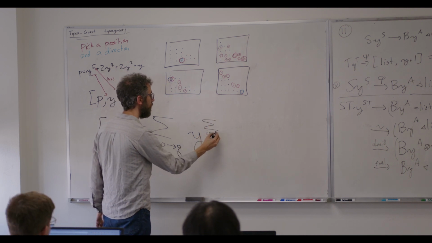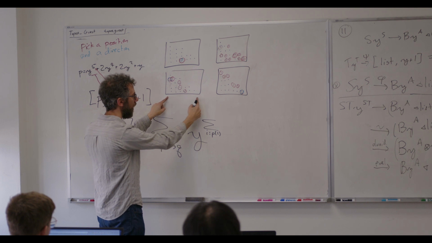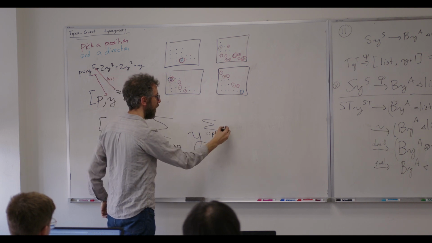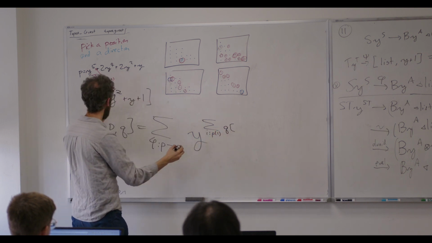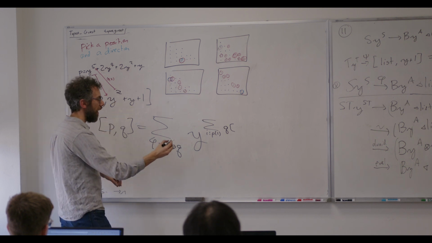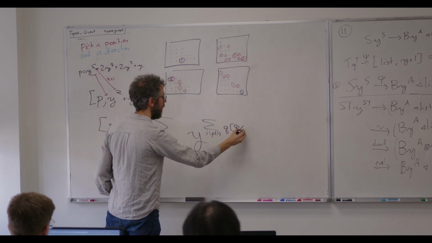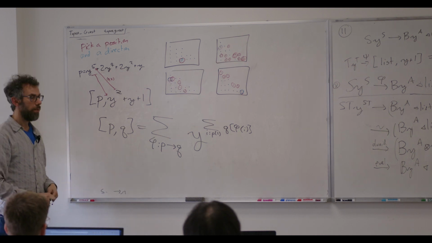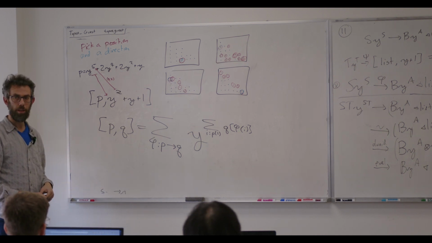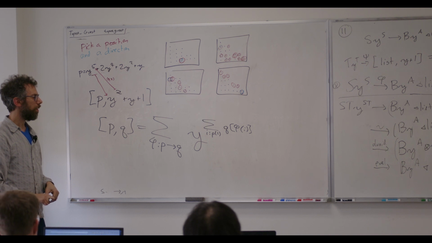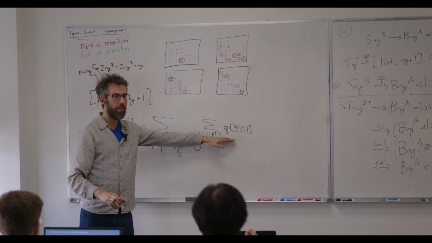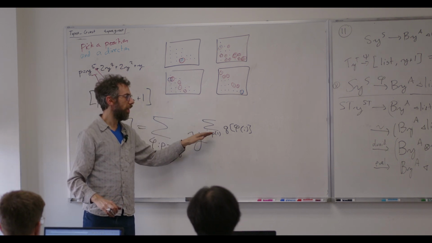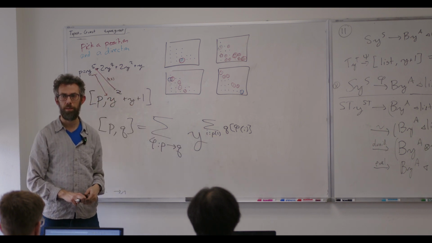Now pick an actual position in P, one of these guys, and then pick a direction in Q, one of these guys, at the position that you were sent to. We only pick one of the directions. To pick an element of a sigma, you pick one of these and one of these.